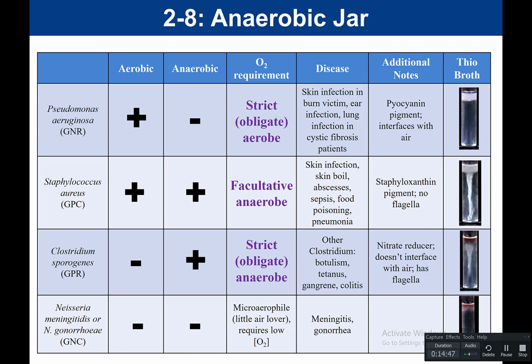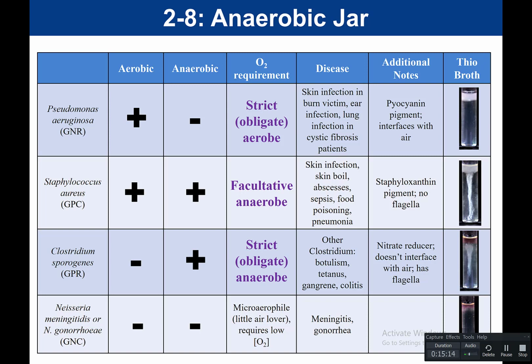Now, in terms of the diseases that are caused by those Neisseria bacteria, Neisseria meningitidis is going to cause meningitis, which is basically an inflammation or an infection in the meninges, so in the nervous system. And meningitis is basically transmitted through sharing of saliva.